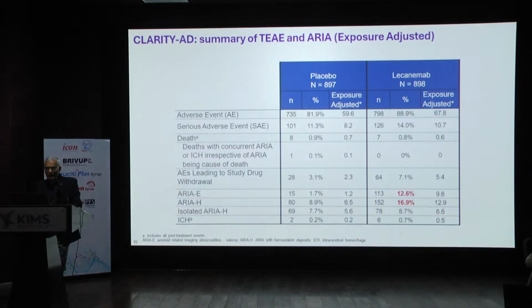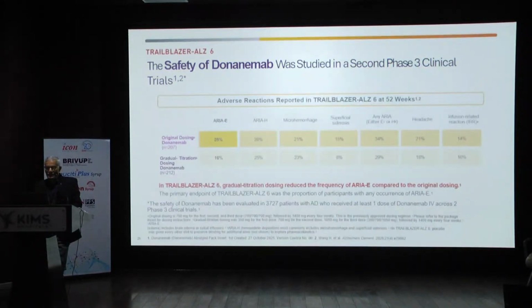Whereas in Clarity AD, ARIA-E and ARIA-H were significantly lower as compared to the donanemab group in at least the TRAILBLAZER-ALZ 2 study. It was only 12.6% ARIA-E and 16.9% ARIA-H. Then the donanemab group did another study because their infusion pattern was somewhat different.